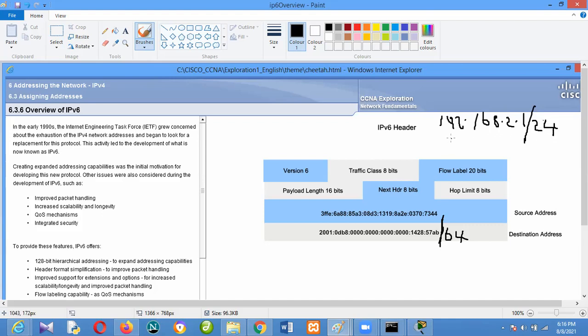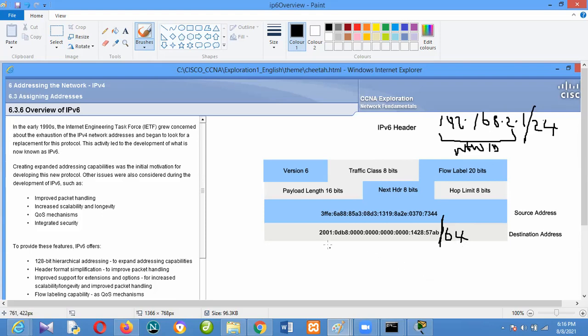It's telling us that we have 24 bits that belong to the network. That means 8, 16, plus 8, so the whole of this place belongs to the network. We dealt with this one before. This is network identification. So that is also the way it is with IP6 here.